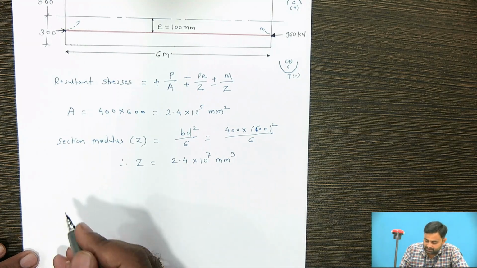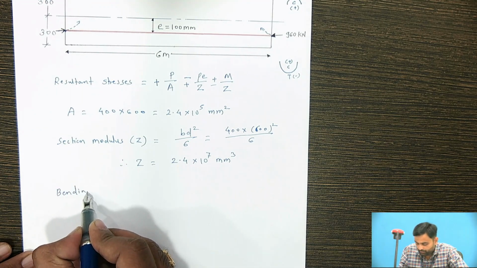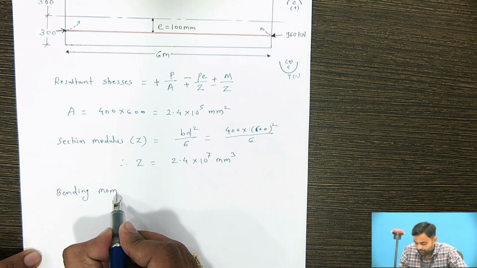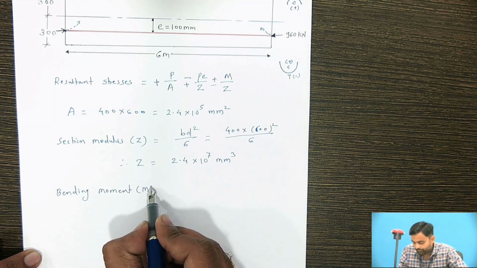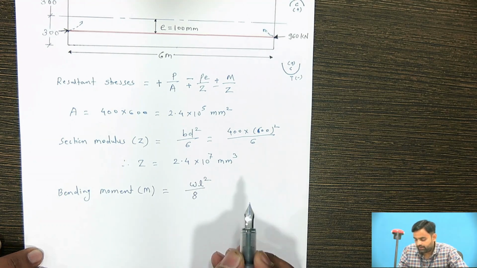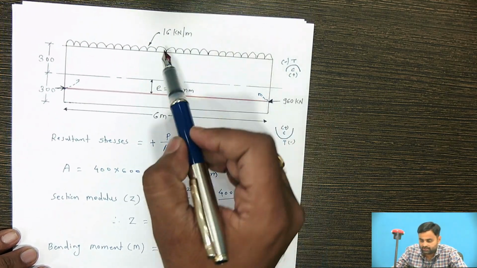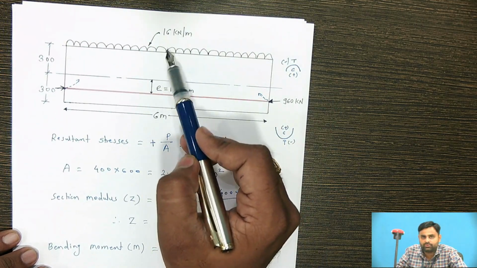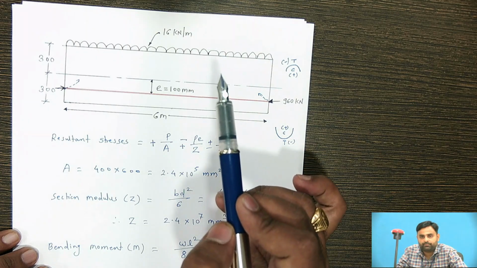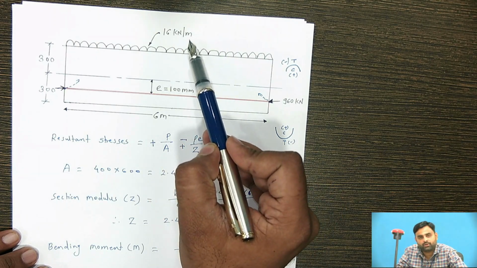Now we calculated the area and then the section modulus. After this, calculate the bending moment. The formula is WL square by 8, and in the numerical itself it is given that this load, whatever 16 kilonewton is acting, is inclusive of the self weight of the beam. So self weight of the beam is considered in this 16 kilonewton per meter load.